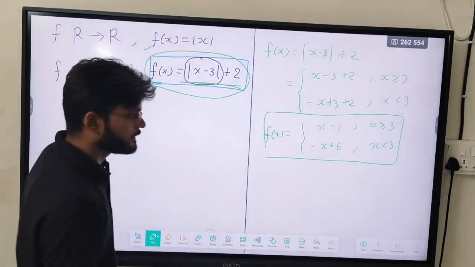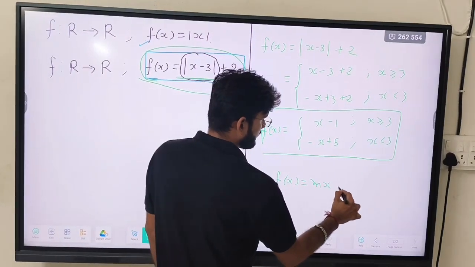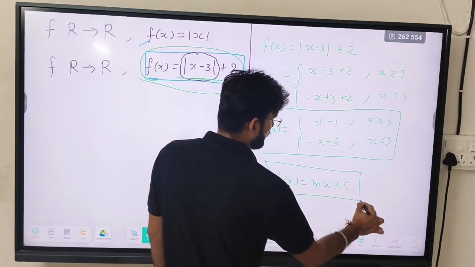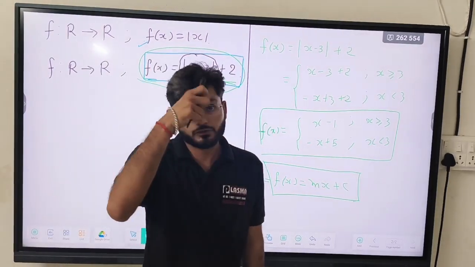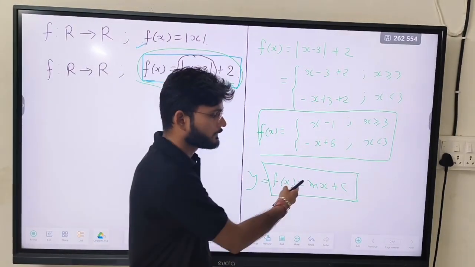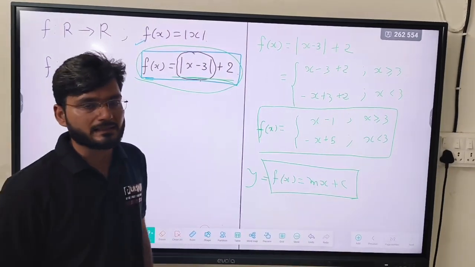Okay, one more thing. From class 11 we already know that if y is equal to mx plus c is the given function, then the graph of this function will be a straight line having slope m and y-intercept c, right?